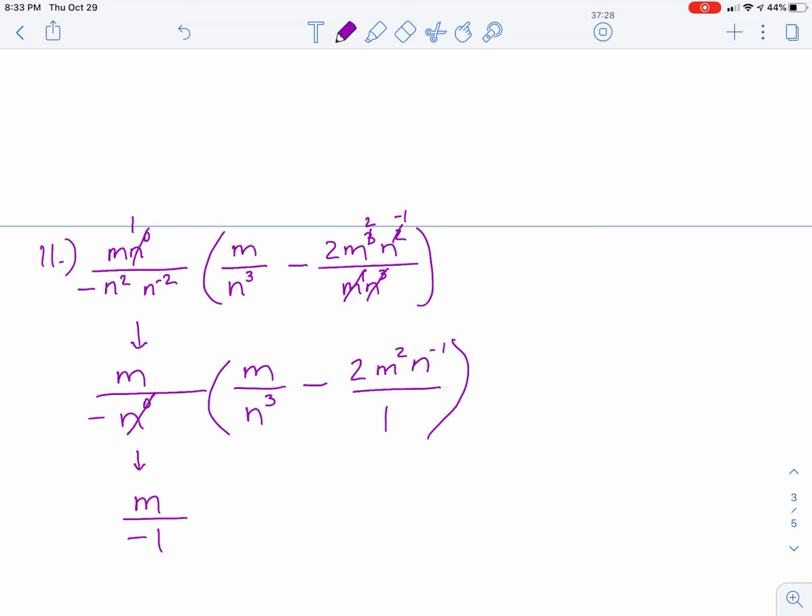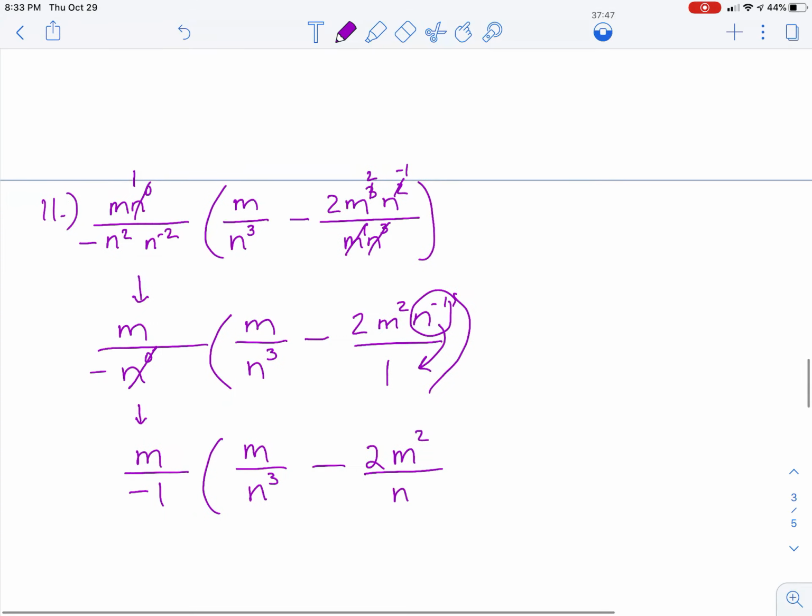Don't get rid of the negative sign. That needs to remain. And inside here, I still have m. We're going to take care of combining those in just a moment, but I like to go a step at a time so I don't lose you. Minus 2m squared, and I'm going to move this to the bottom. N to the first power, or just n.